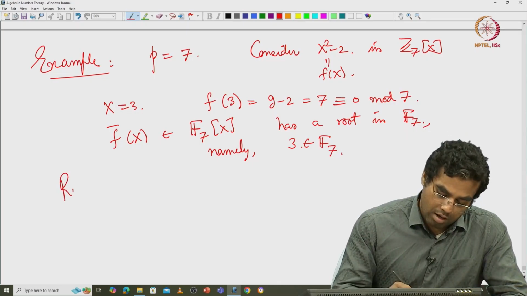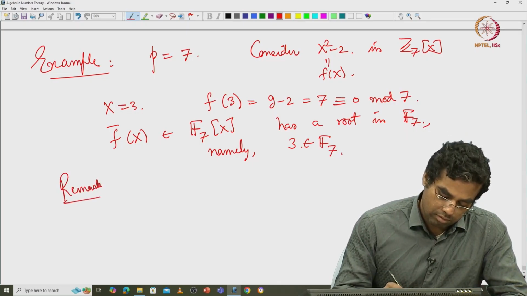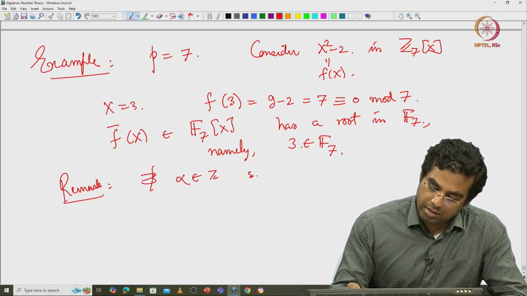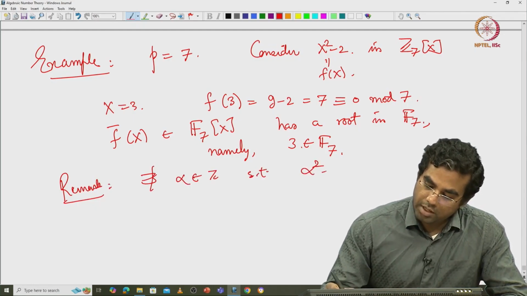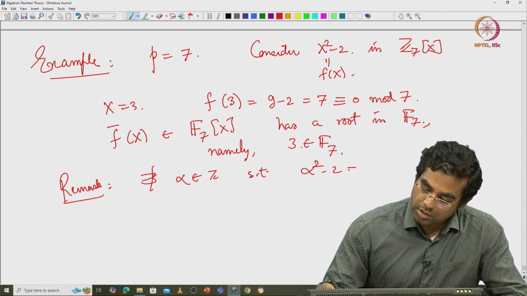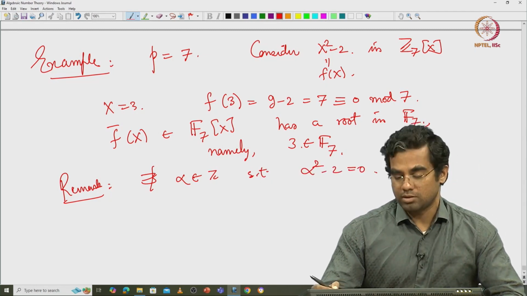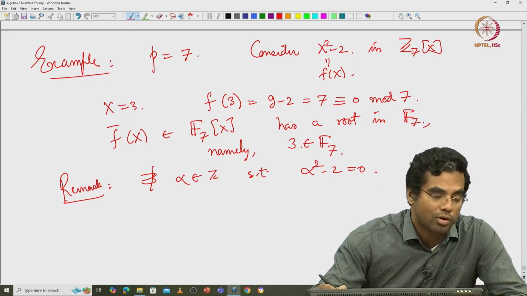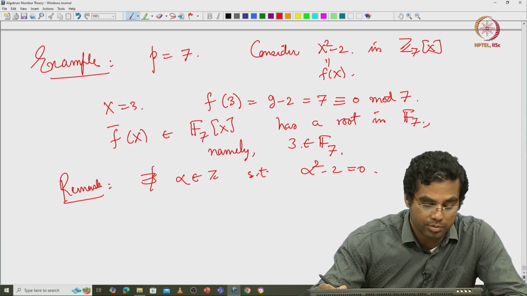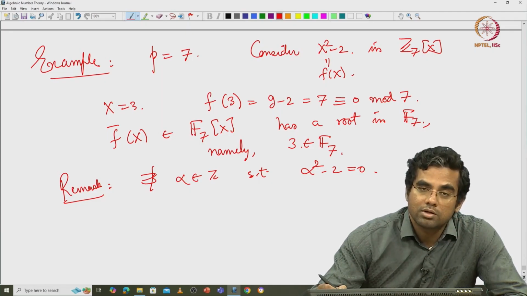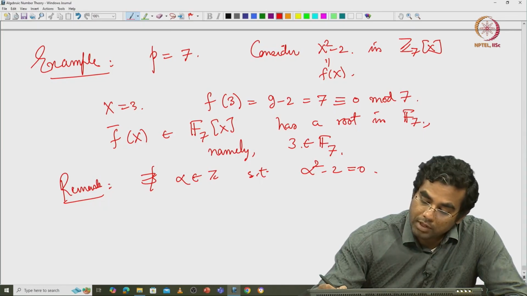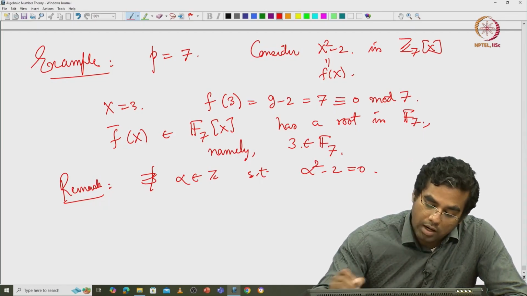Of course, remark: there does not exist alpha in Z such that alpha squared minus 2 is equal to 0. That is kind of clear. We learned this in high school, that square root of 2 is an irrational number. So, not only does it not exist in Z, it does not even exist in Q.